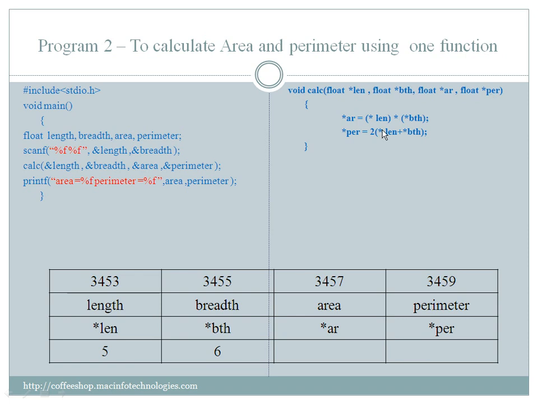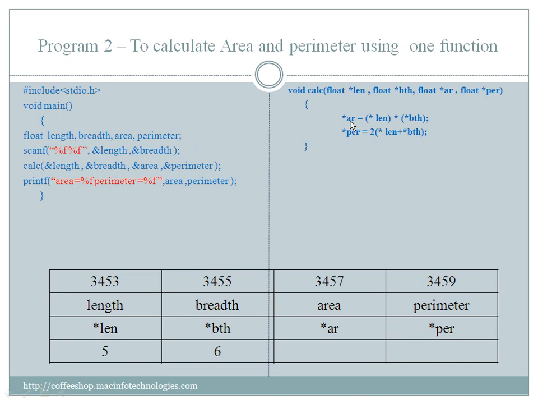Again, float PER: when you say &perimeter, the address of perimeter will go to the variable PER. So PER will contain the address, and *PER will point to the address inside PER.